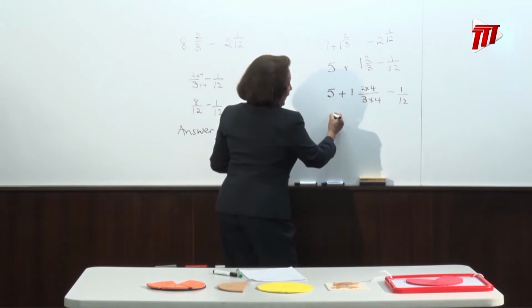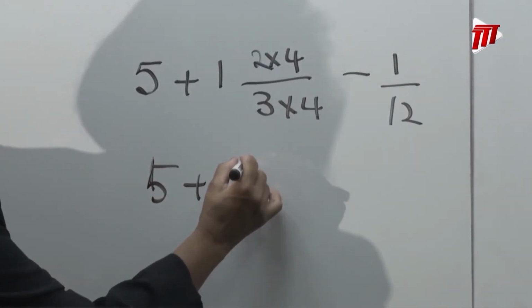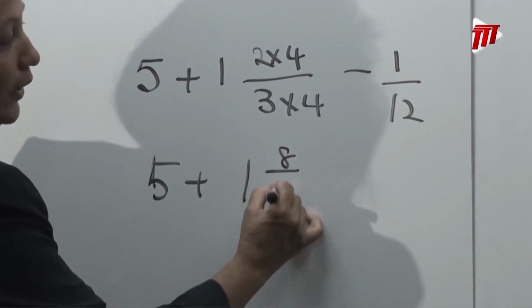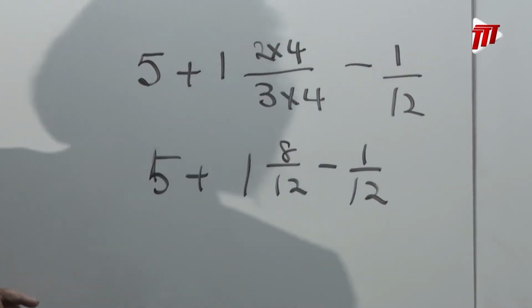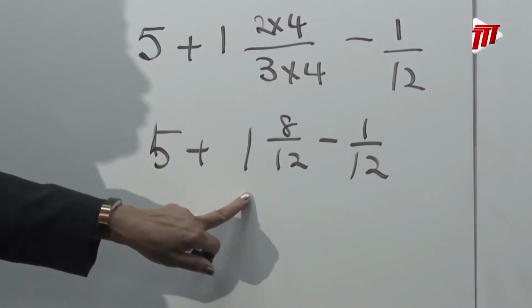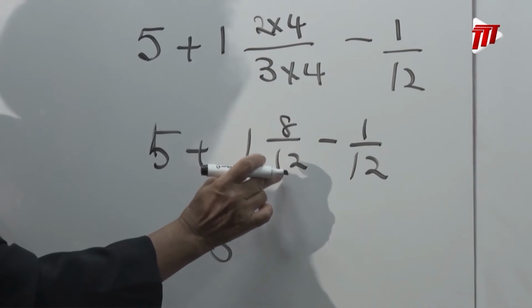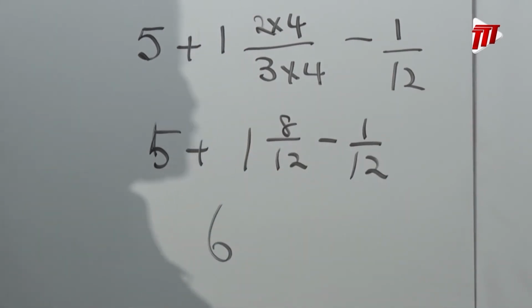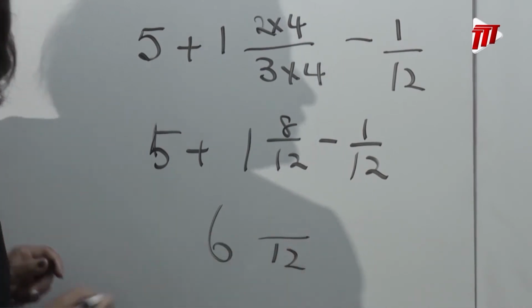So I will have 5 plus 1 and 8/12 minus 1/12. 5 and 1 would give me 6. 8/12 minus 1/12. We keep the denominator because the denominator is the same in each case.